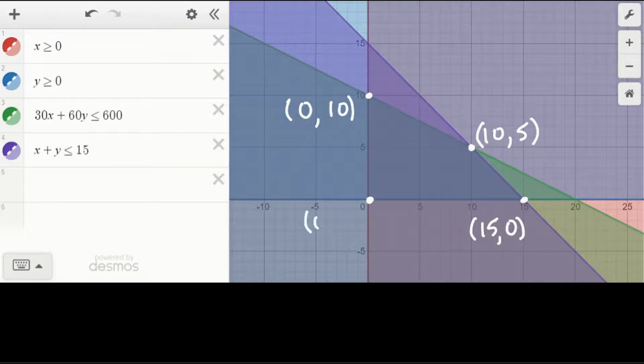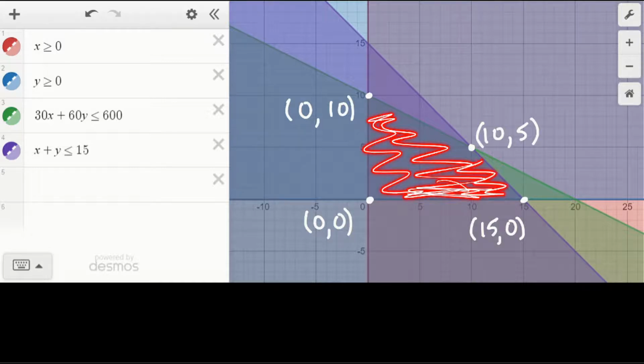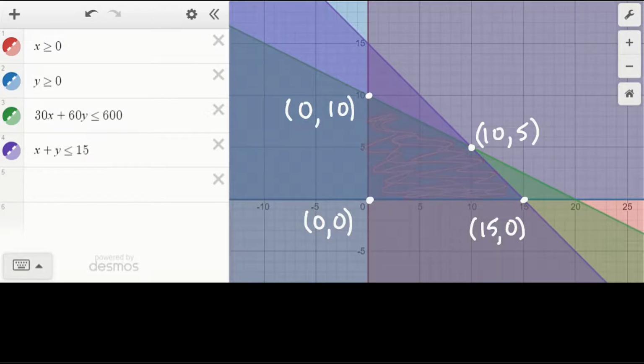What I didn't say, but have made clear, I hope, is that this right here is the solution set. And so everything inside here, these are all possible numbers of pairs of earrings, X, and necklaces, Y, that she could make. But this one right here, we can throw that out. We know that's not going to maximize profits.